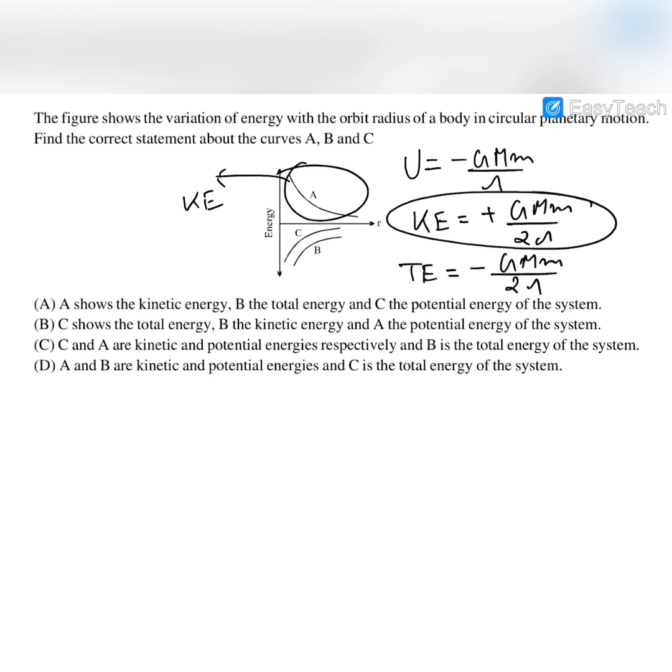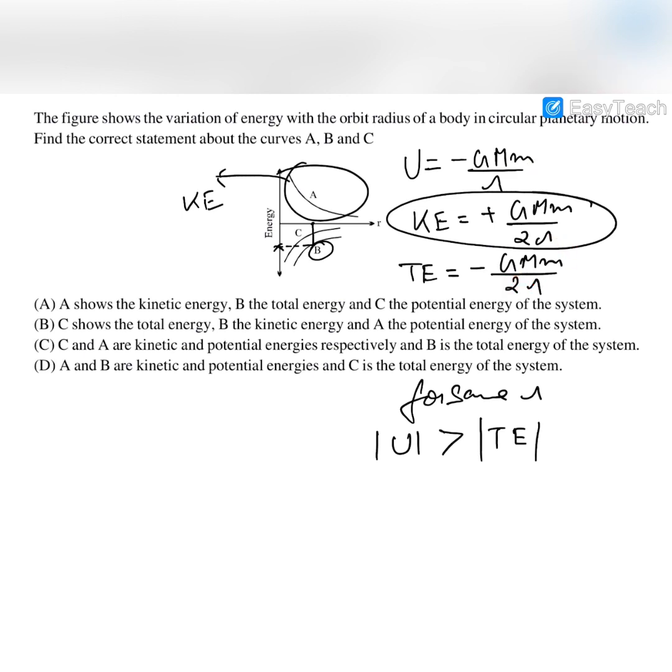Now you can see that for the same value of r, the magnitude of curve B is greater, and we know that for the same r, the magnitude of U is greater than the magnitude of total energy, because there is a 2 in the denominator.